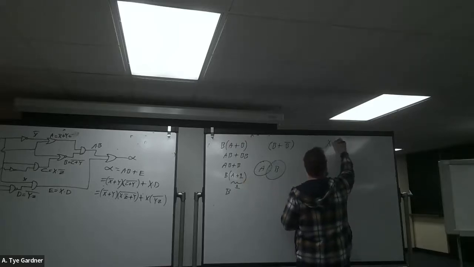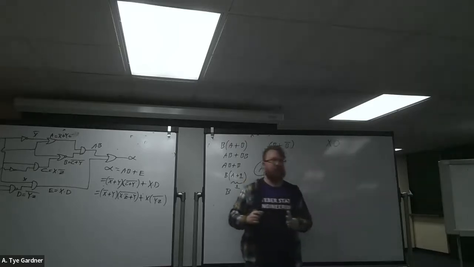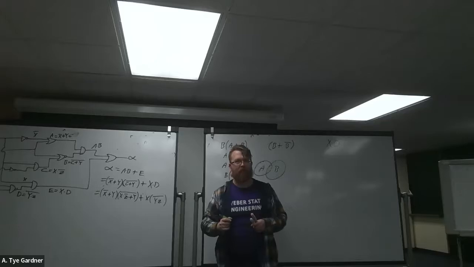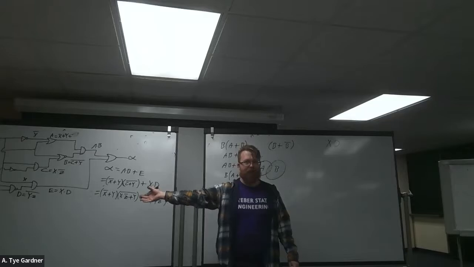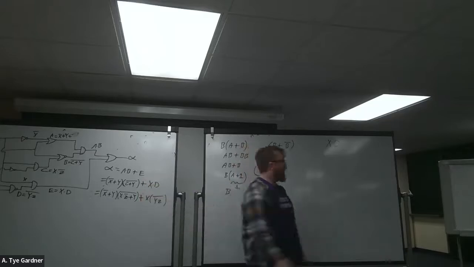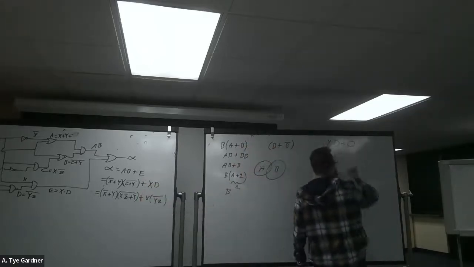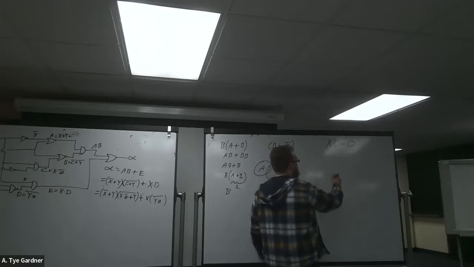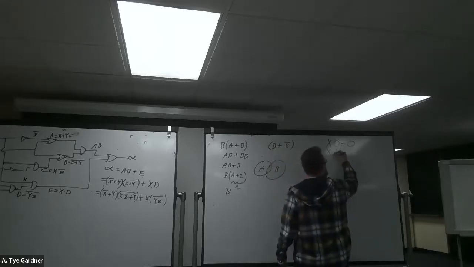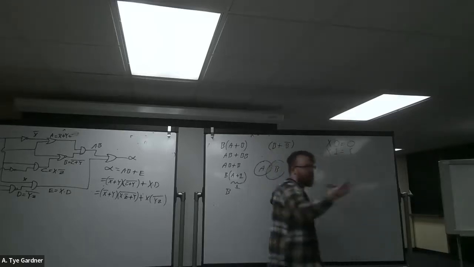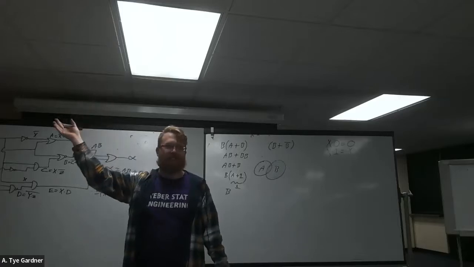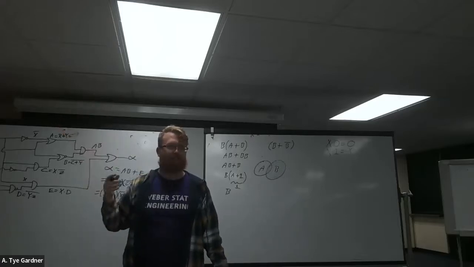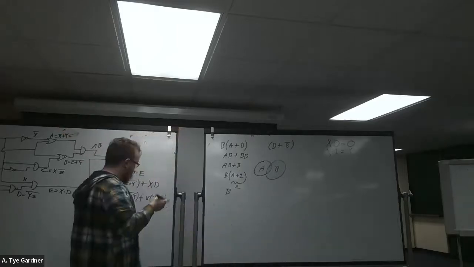What about X and 0? Always 0. It can't be true because I'm putting a false on one of the inputs. It breaks. So X and 0 is always 0. X and 1 is just X, right? I've just tied one of them to true, and now it just depends on X. Right? Those make sense. Those are easy.